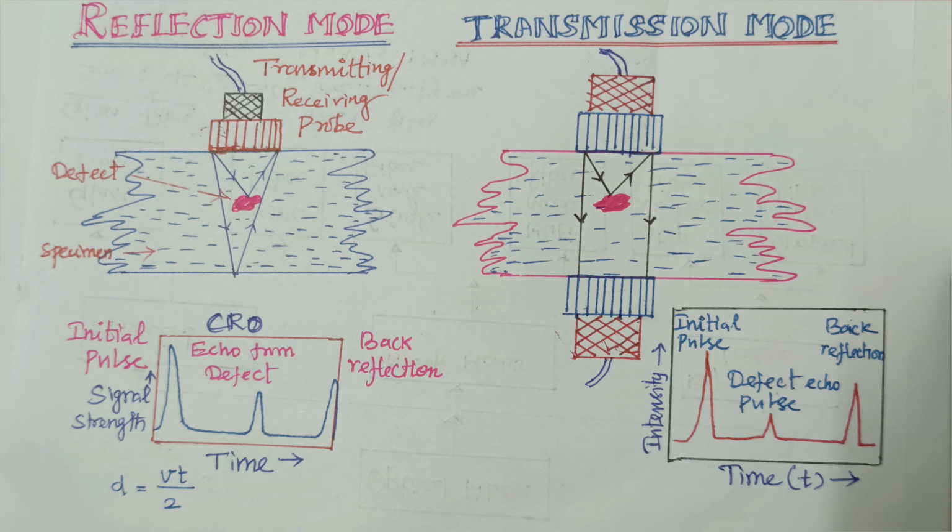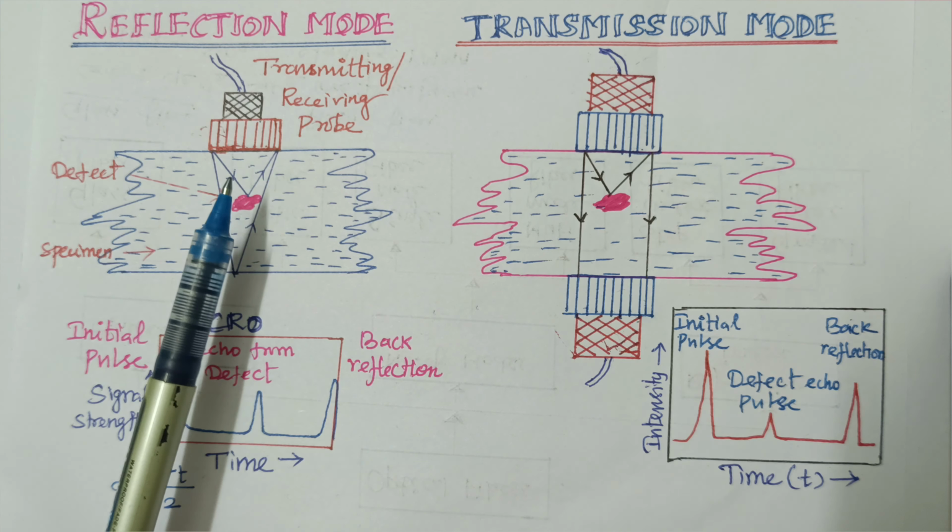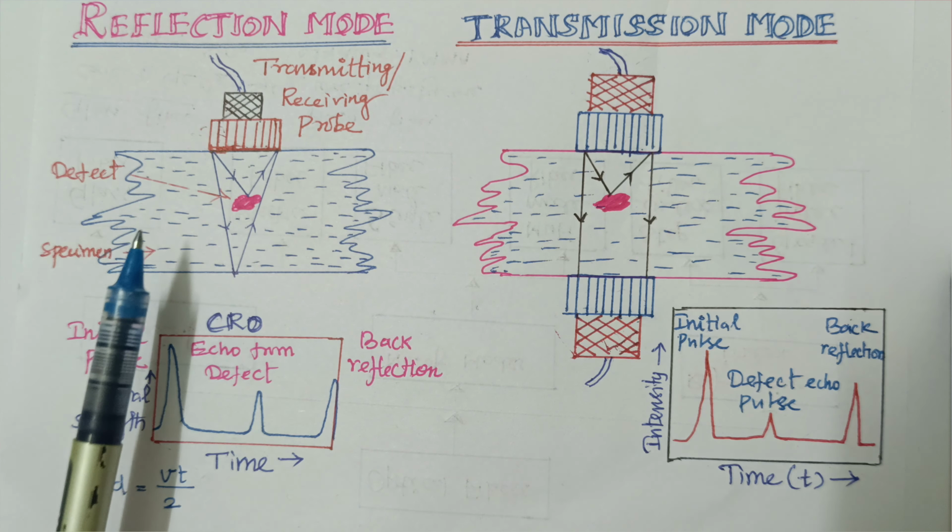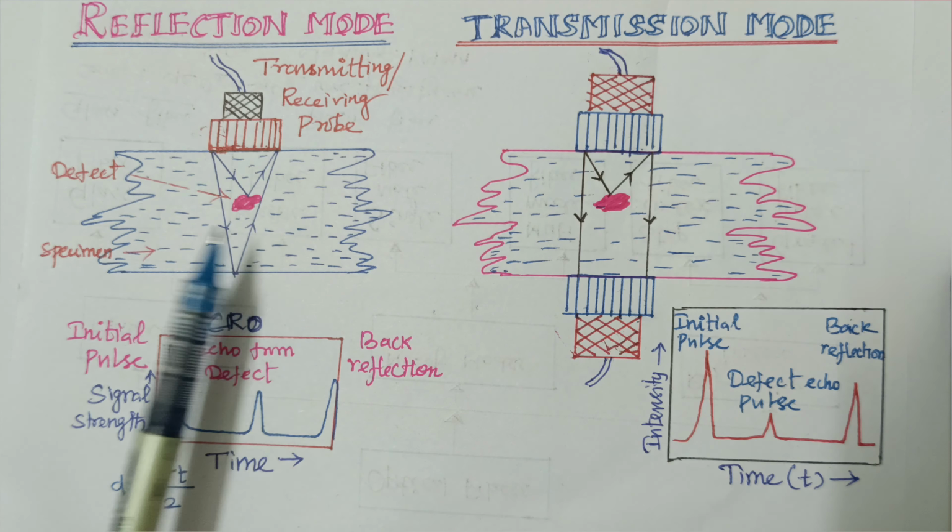Second, a specimen of any shape can be studied. Why? Because we are using only one probe, which acts as both transmitter and receiver probe, so you can easily move over all the surface area.